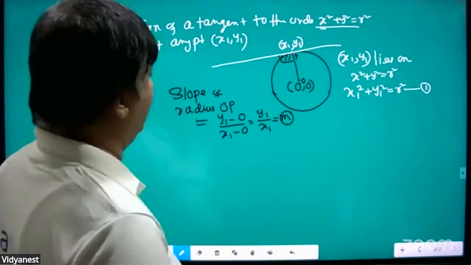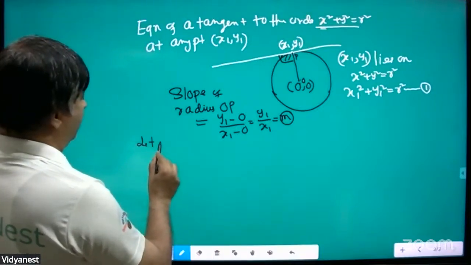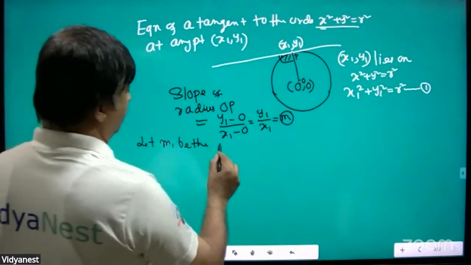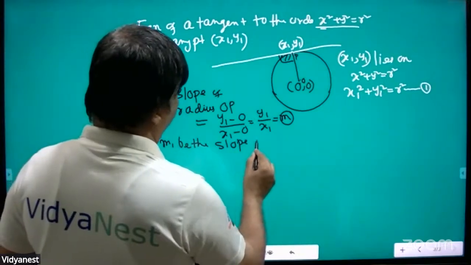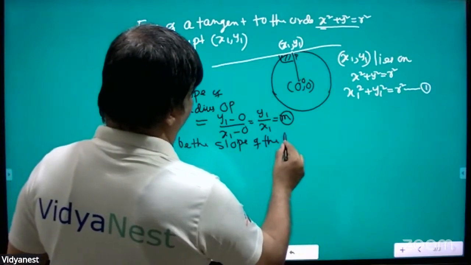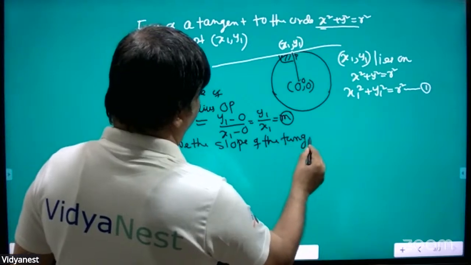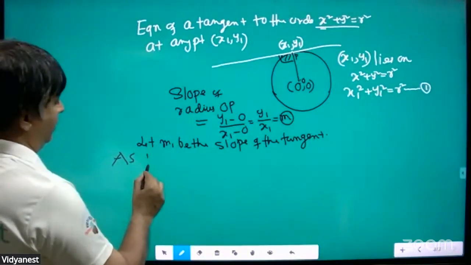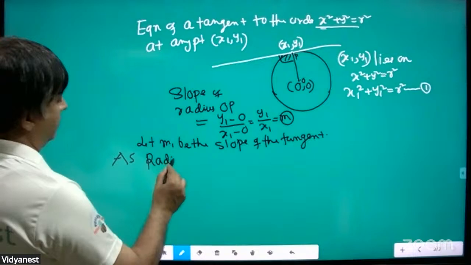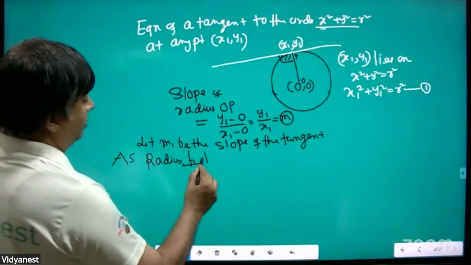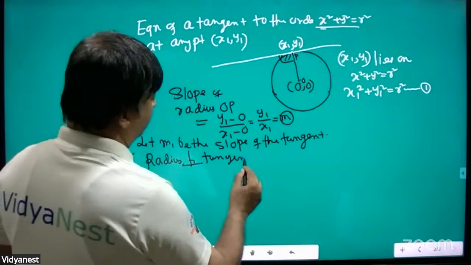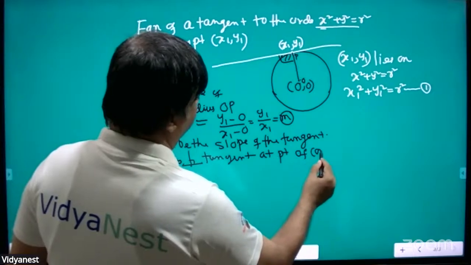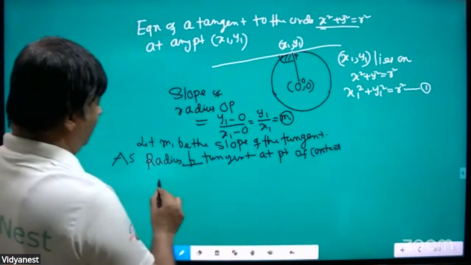M M1 minus 1. Let M1 be the slope of the tangent, as radius is perpendicular to tangent at point of contact. तब क्या होगा?